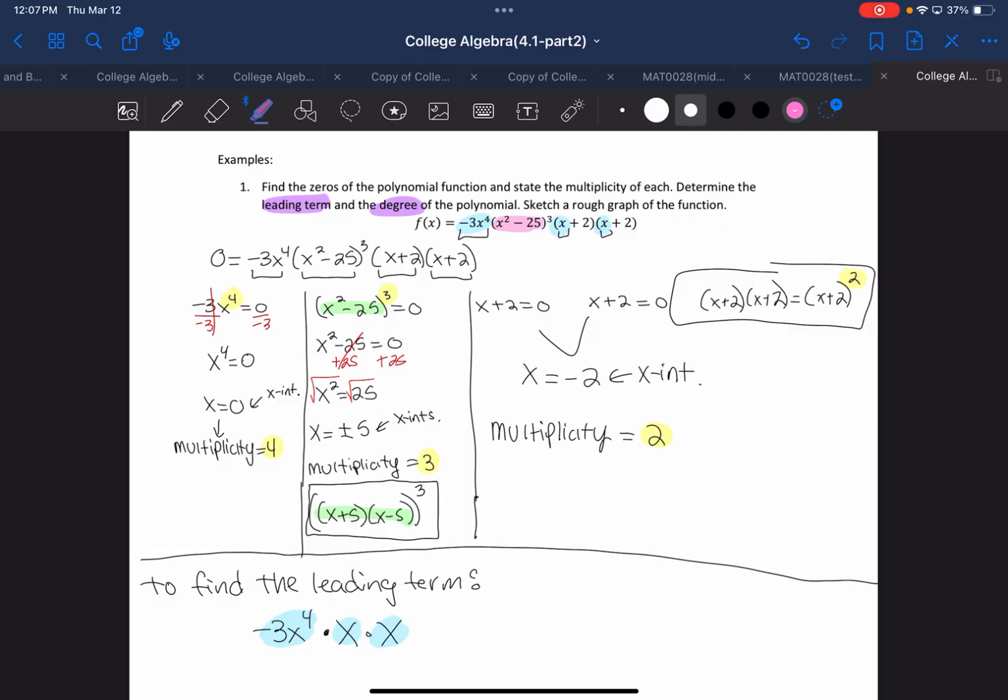So really all you need to do is take x squared, multiply it by itself 3 times, which is going to give me what? X to the 6th. You just multiply them. X to the 6th. Does that make sense?